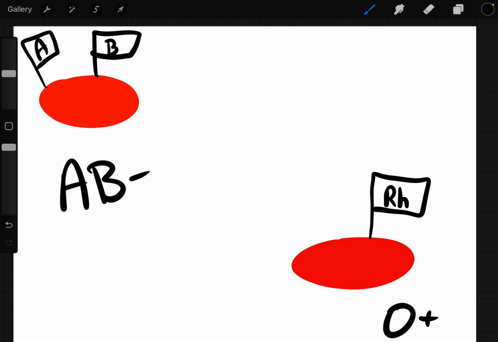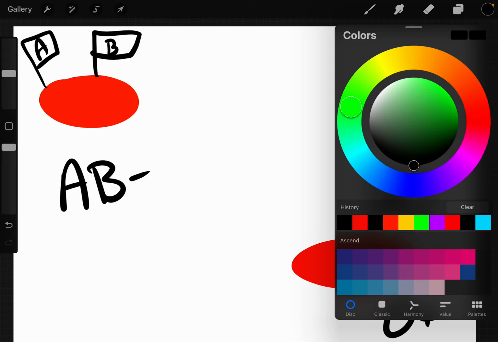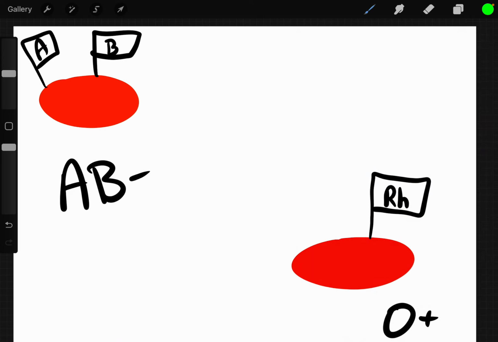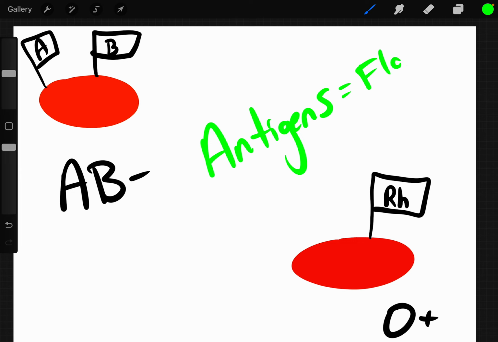Another factor we have to consider is the antibodies. The flags are called antigens. That's what we call the proteins on the surface of the red blood cell, antigens. So you can just remember antigens and flags are the same thing.